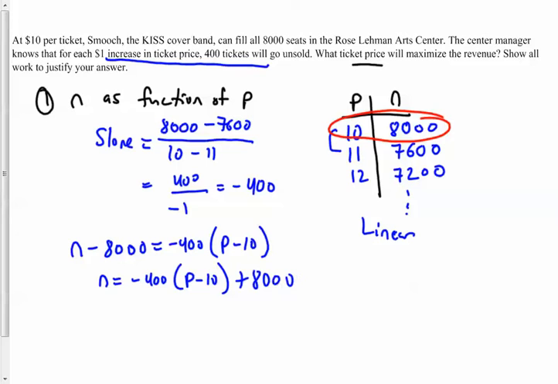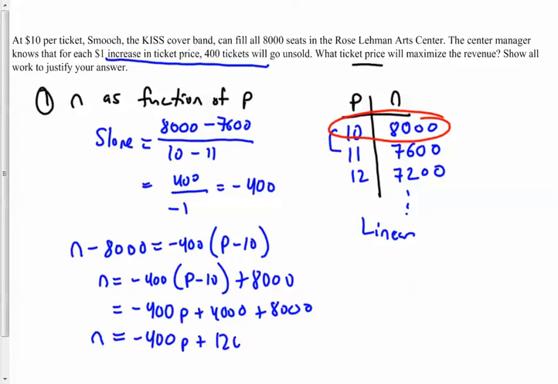It sometimes is a little bit more helpful to simplify this. So if we distribute this out, negative 400p plus 4,000 plus 8,000, well, to get the number of tickets in terms of the price, it's negative 400p plus 12,000.